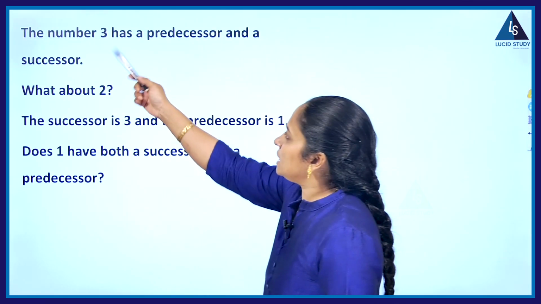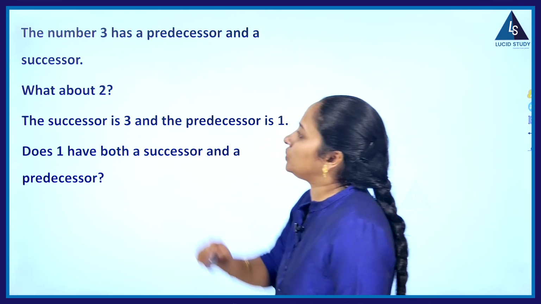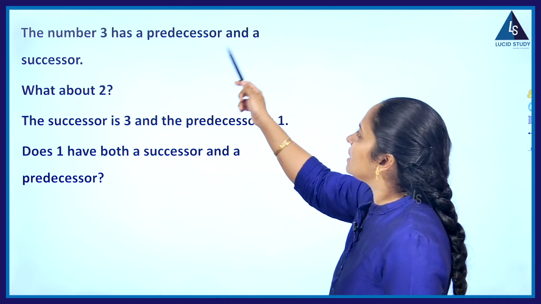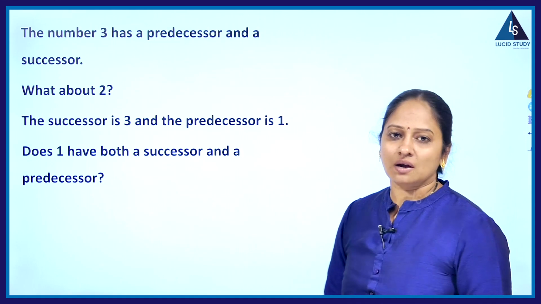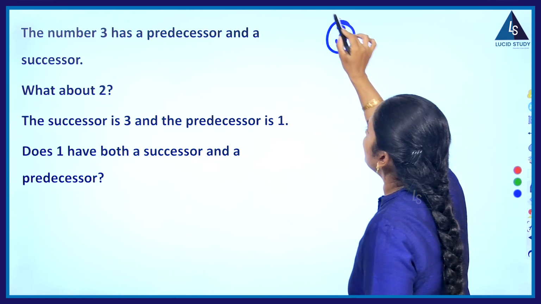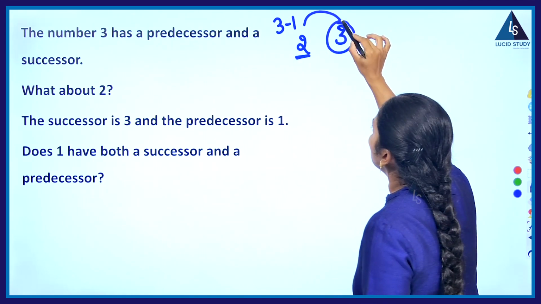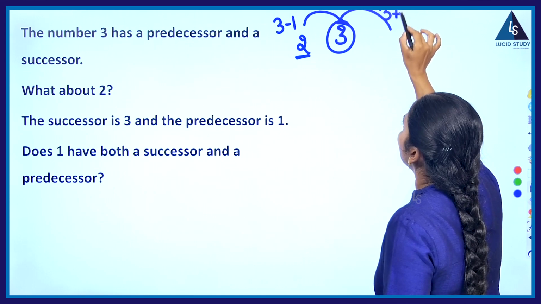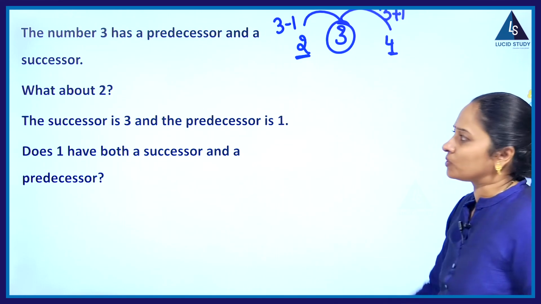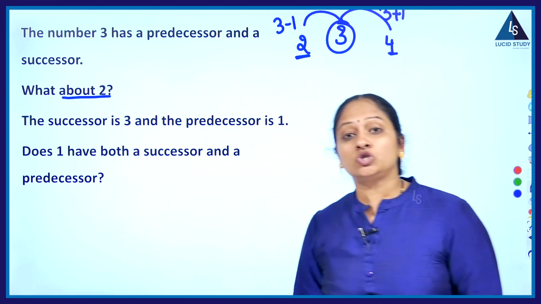Here are some examples. The reference number is 3. The number 3 has a predecessor and a successor. By subtracting 1 from 3, we get its predecessor as 2. By adding 1, we get its successor as 4. In the same manner, what about 2?